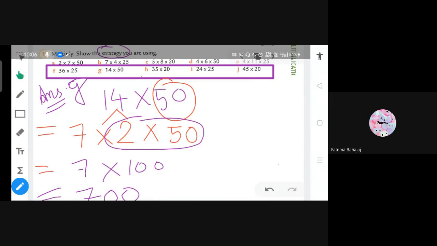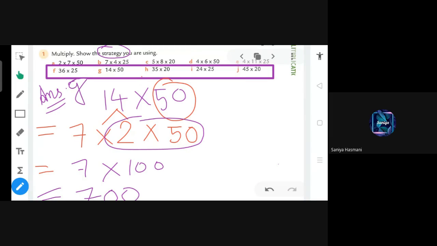Okay, so try the next one also, H. And how many minutes do you want? Because I guess now you are confident and don't have doubt also. And in between you can ask me if you have a doubt. But the first priority is that you have to learn those pairs of numbers which make 100.